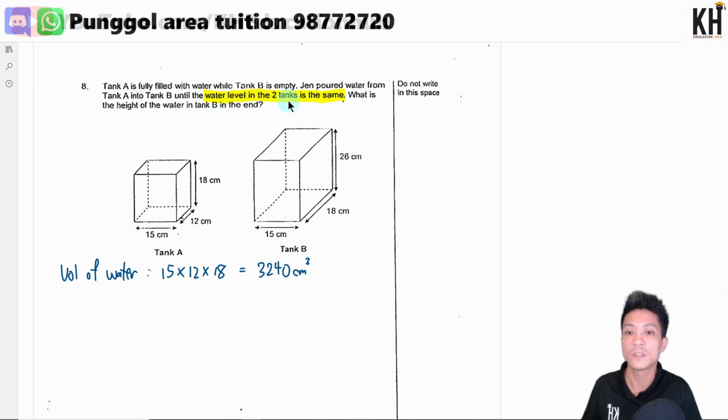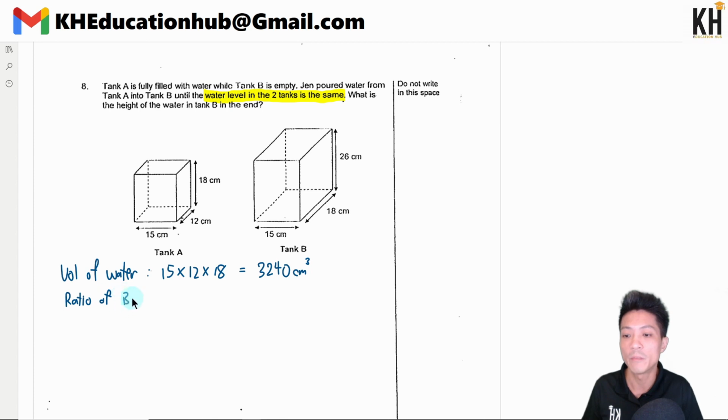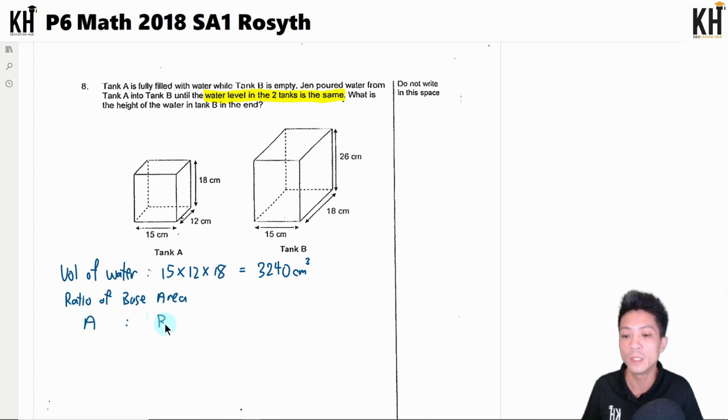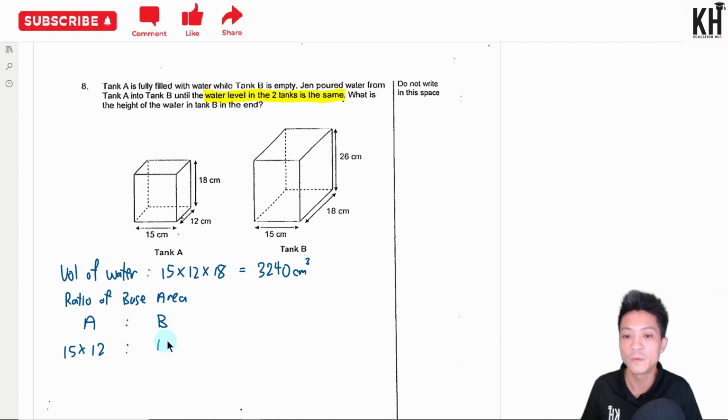When the water level in the two tanks is the same, we need to find the ratio of the base area of tank A to tank B. Base area of tank A will be 15 times 12. Base area of tank B will be 15 times 18.